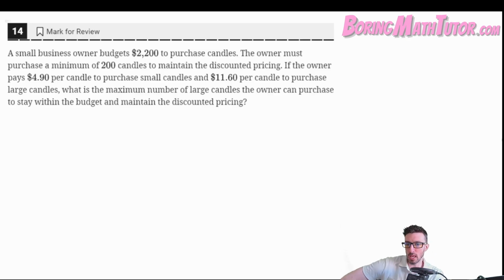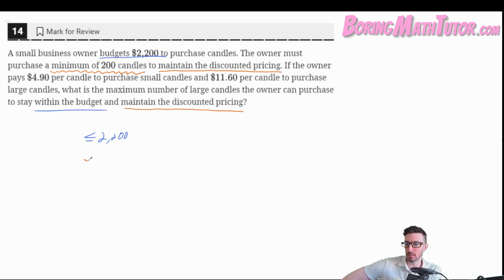Okay, so if he wants to stay within his budget, then that means he needs to be spending less than or equal to $2,200 total in purchases. If he wants to maintain the discounted pricing, well, what did they say about that? They said that he's got to buy at least 200 candles.